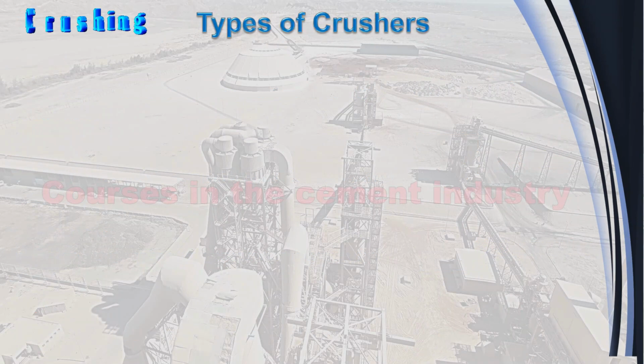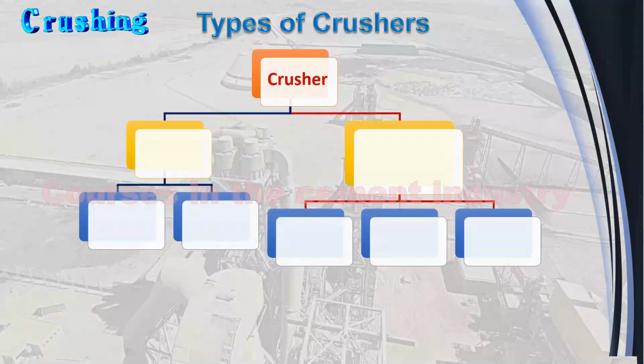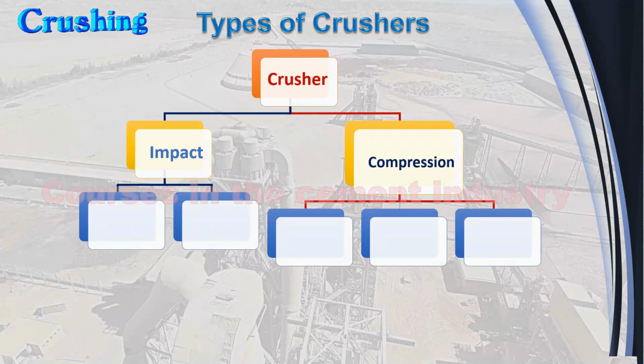Types of crushers. Crushers are divided into two types: 1. Impact. 2. Compression. Impact crushers are divided into: 1. Impact crusher. 2. Hammer crusher. Compression crushers are divided into: 1.